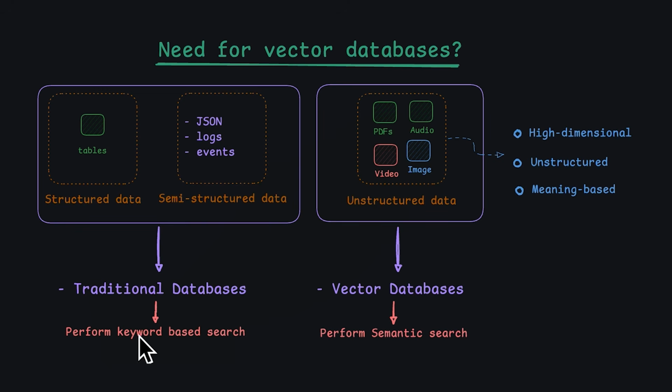You cannot do semantic search, you cannot do meaning-based search. That's the main limitation of traditional databases. Whereas inside a vector database, you can perform semantic search. You can search the information you have stored based on meaning. That's the power of vector databases.